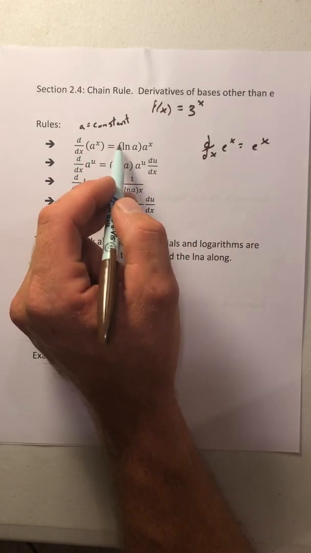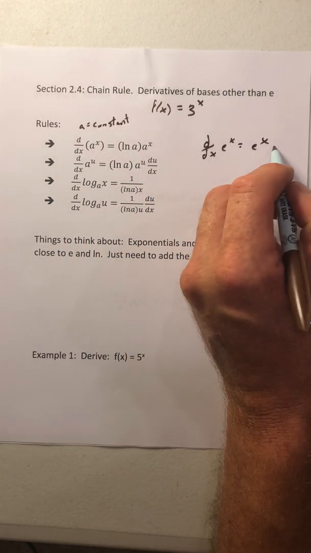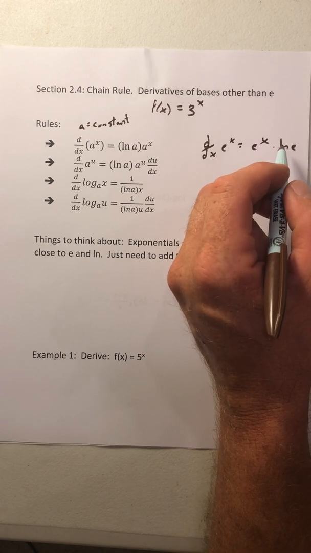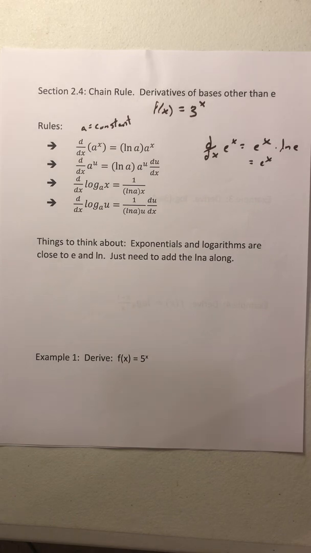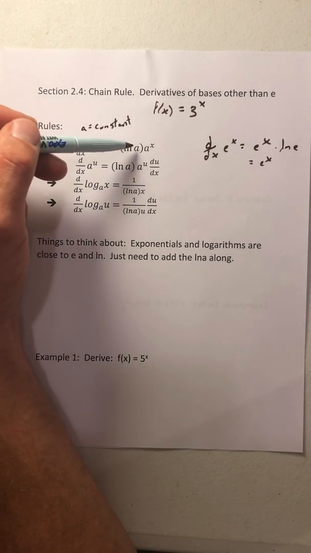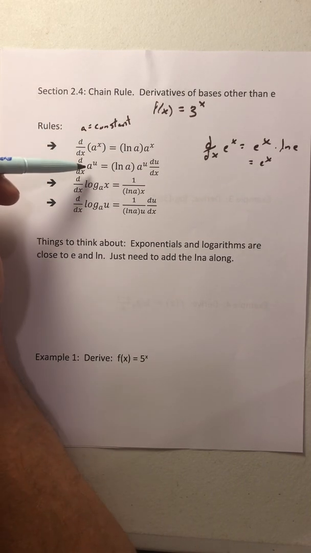And in this case, if you think about a as being your e, well, if I multiply this by the natural log of e, what do we know about the natural log of e? Yes, it's 1, isn't it? So we just end up with e to the x. So all we're really doing is bringing along the natural log of that constant.